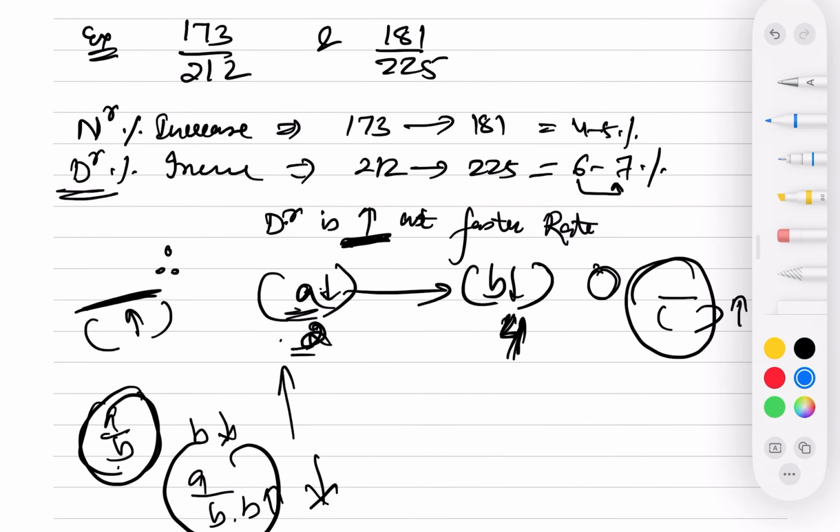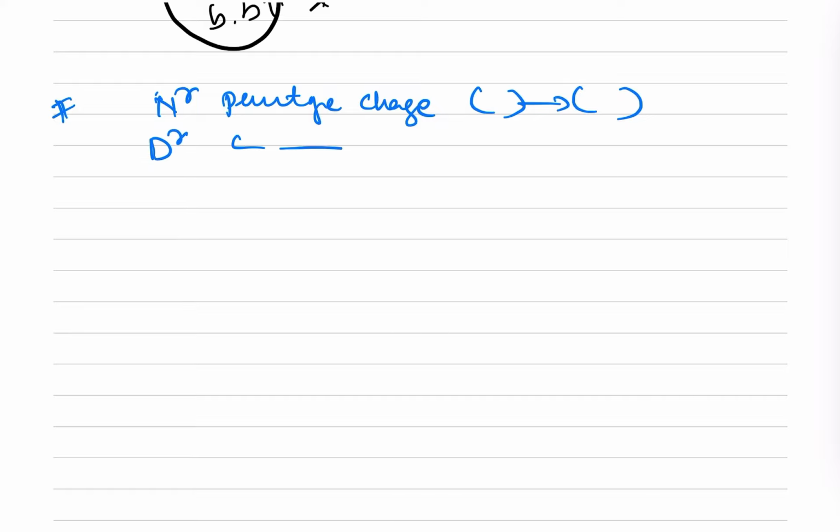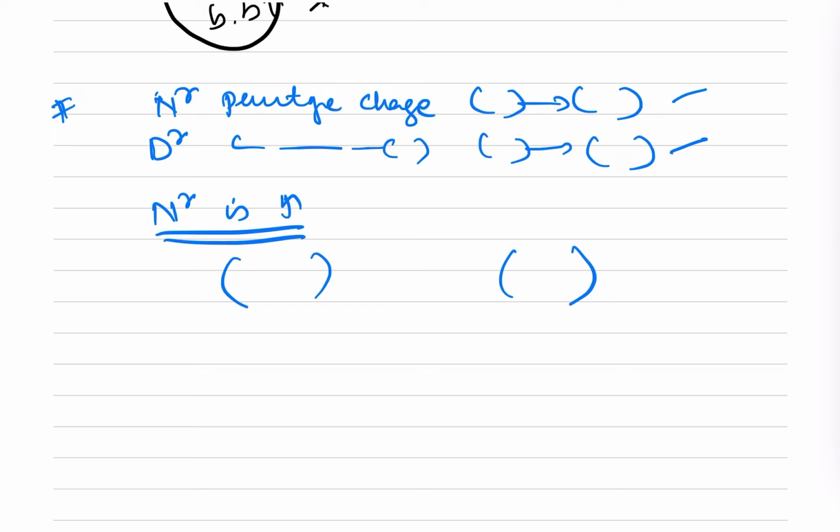Okay, let me just rephrase it. What we are doing is we find the numerator's percentage change, how much it is increasing from what, and we find the denominator's percentage change. Then we find which one is increasing more. For example, if the numerator is increasing, it was 2 and it is going to 4.